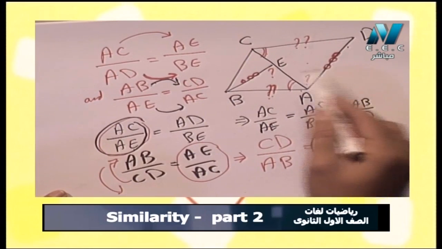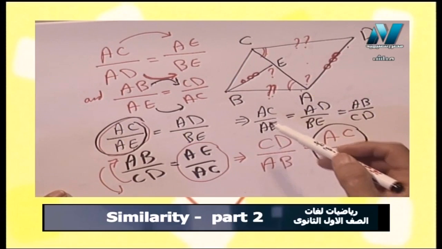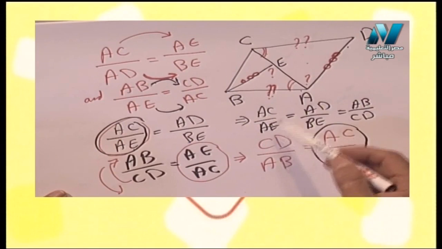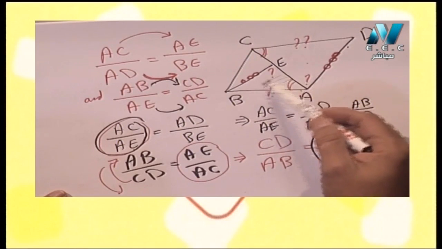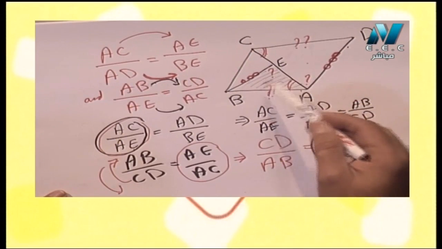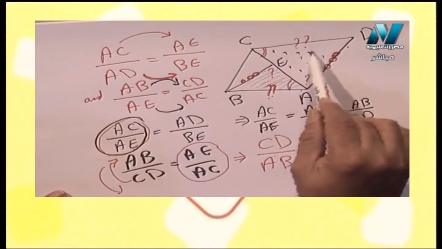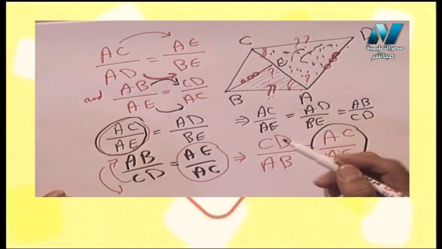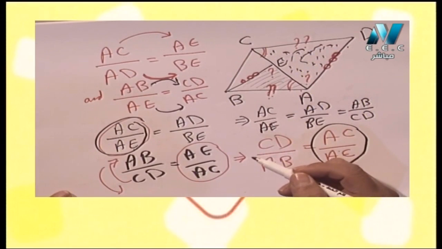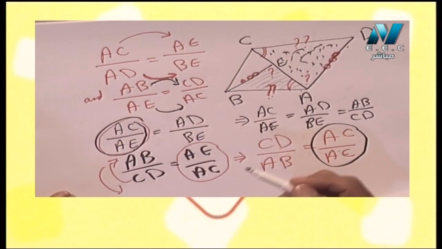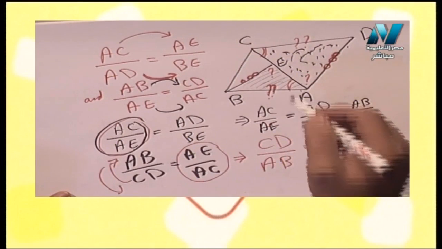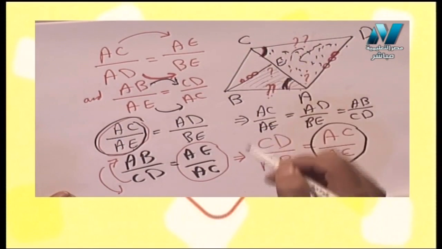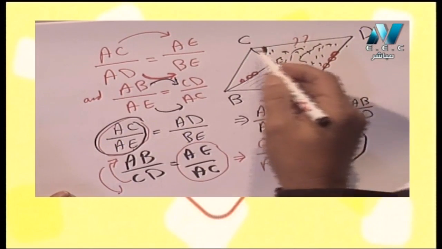When you look at these two triangles, you will find AC here in the first triangle over AE in the second one, and we have this big one here. Yes, they are similar. So from the similarity we can easily prove that the measure of this angle equals the measure of this angle, and they are alternate.